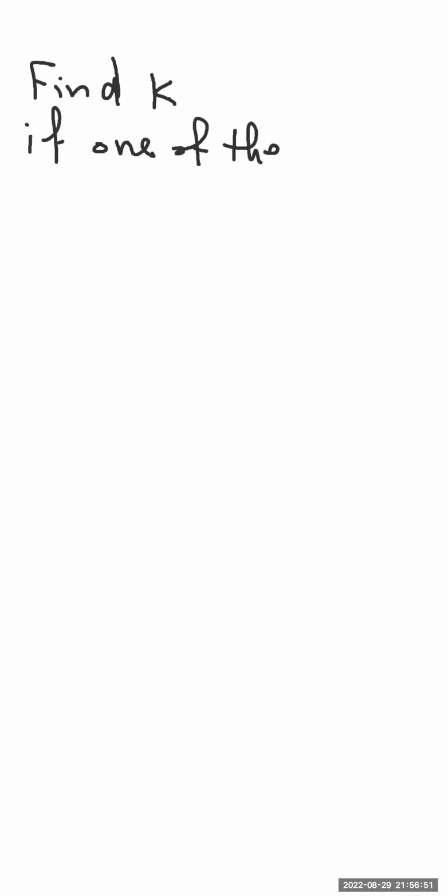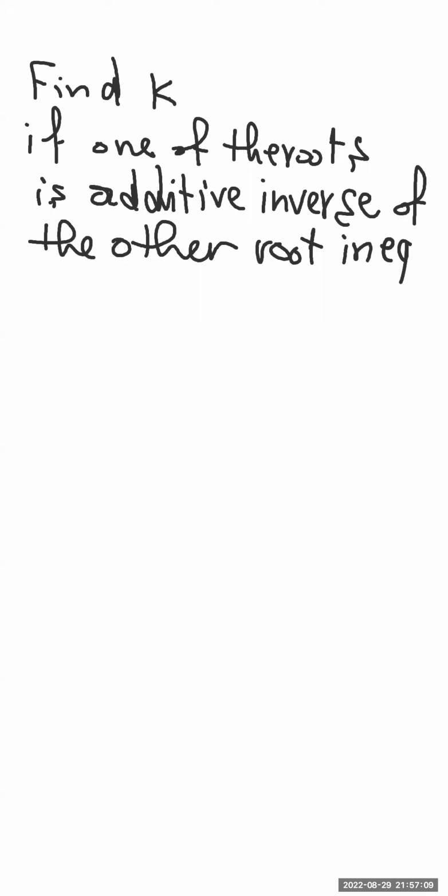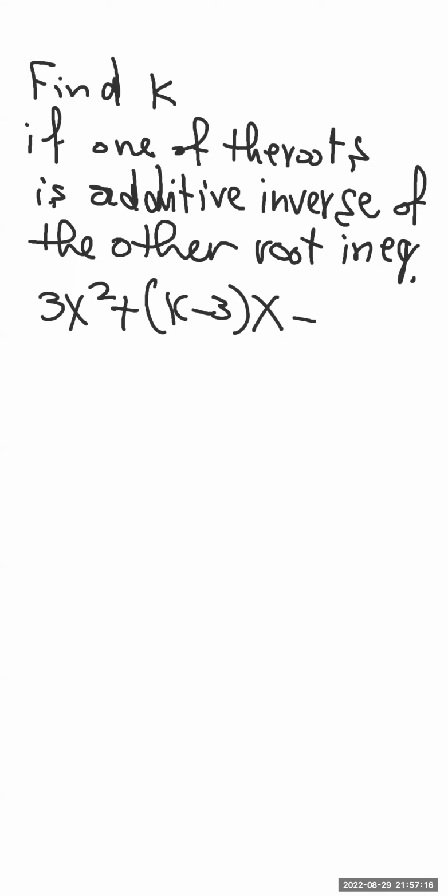Here in this question, find k if one of the roots is the additive inverse of the other root in the equation 3x squared plus (k minus 3)x plus 7 equals 0.